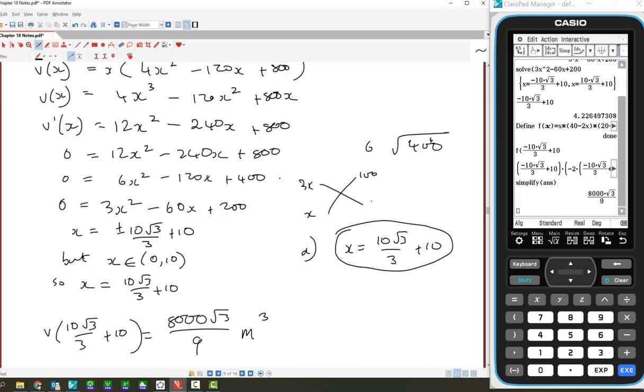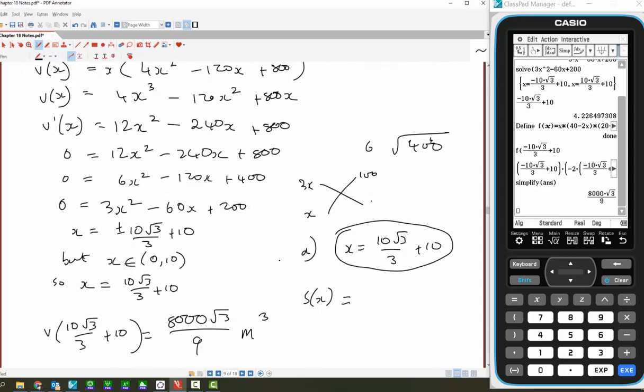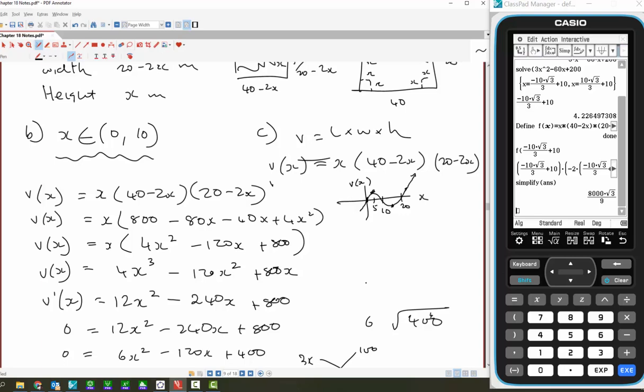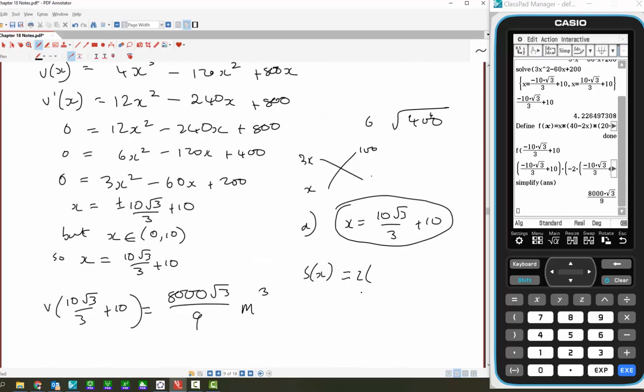So we're going to write out our surface area formula. So surface area, let's call it S of x, is equal to, so we've got two lots of the width, so that's 20 take away 2x, times x.